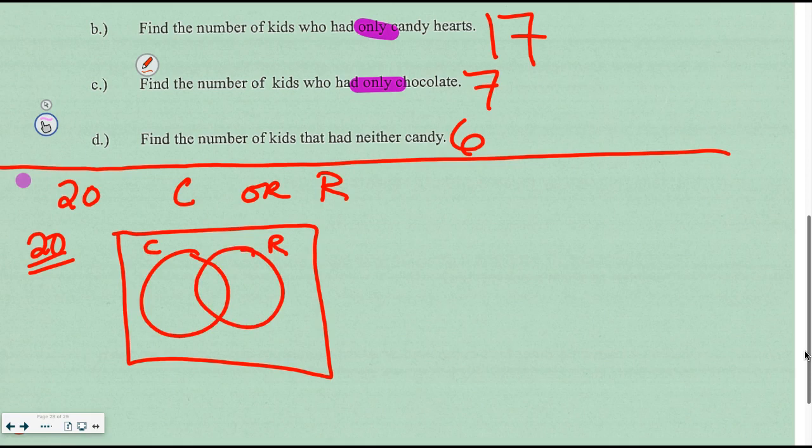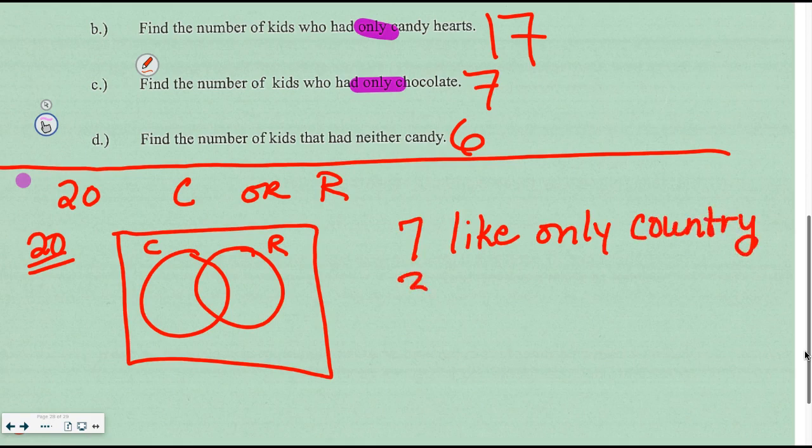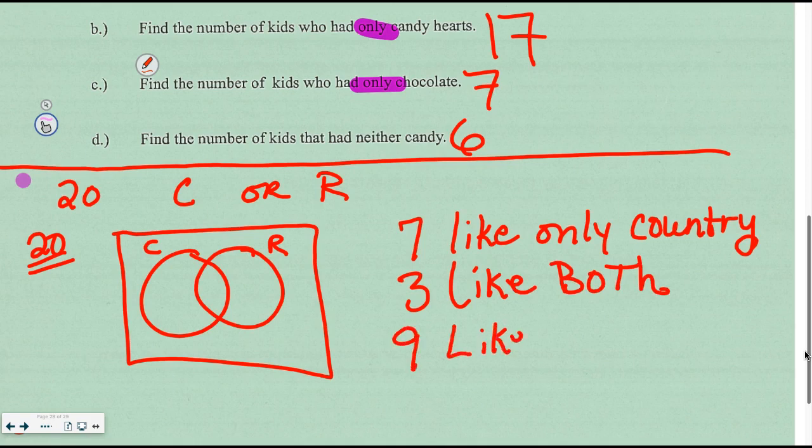Suppose I tell you that 7 like only country, 3 like both, and let's say 9 like rap.